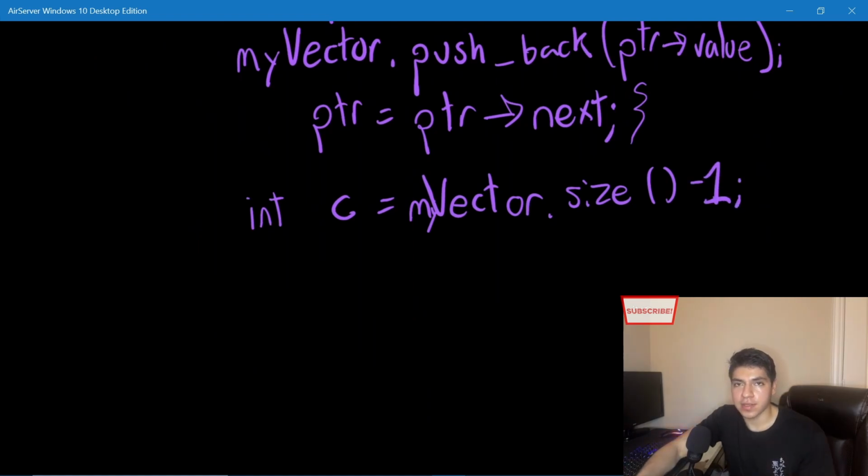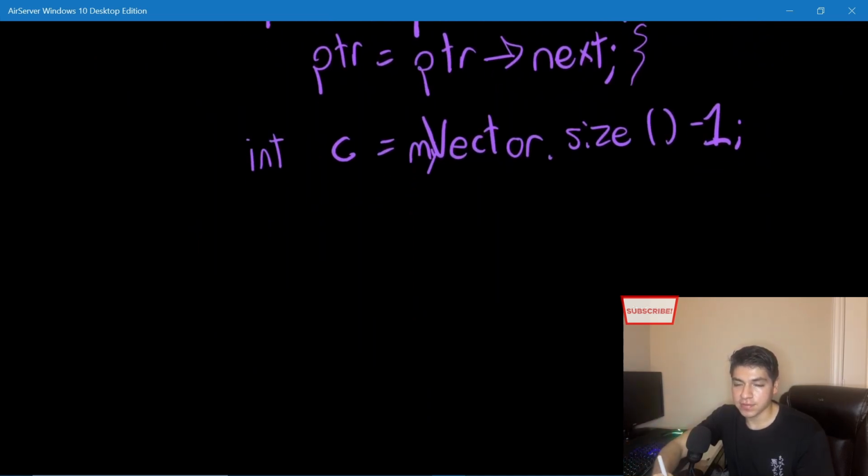The reason we want to do minus 1 is because when we create a vector, the index of the first instance of that vector is actually 0. So we actually start counting 0, 1, 2, 3. That's why we're going to do minus 1, so we get the actual last digit of that vector.